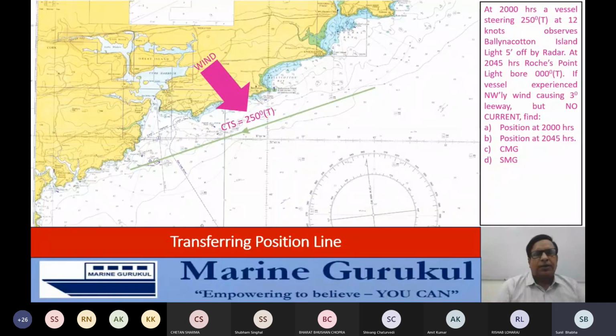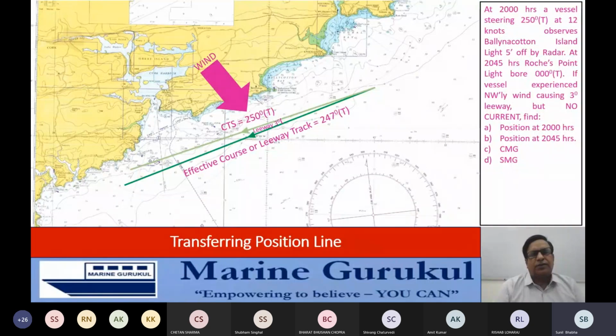Now the leeway shall be allowed to the lee side, that means to the port side. So we allow the leeway to the downwind side, and we get this as the effective course represented by single arrow. So what do we see? Effective course or the leeway track is 247 degrees true. In this case, the leeway got subtracted.